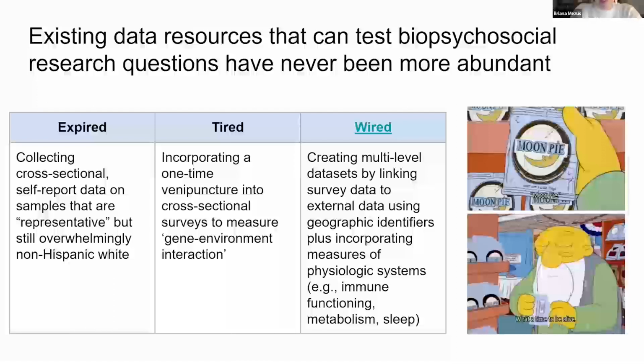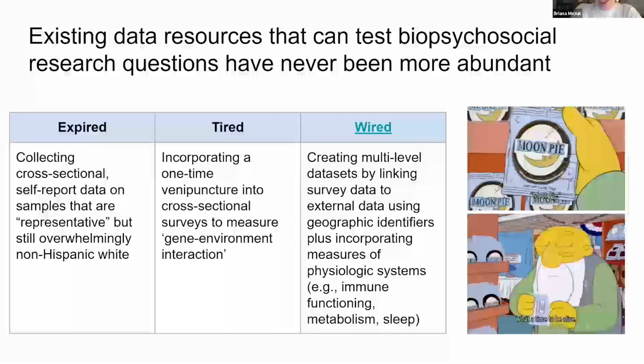So in terms of data, what's expired is collecting cross-sectional self-report data on samples that are quote unquote representative, but still somehow overwhelmingly non-Hispanic white. What's tired is incorporating a one-time venipuncture into a cross-sectional survey to measure something like gene-environment interaction.